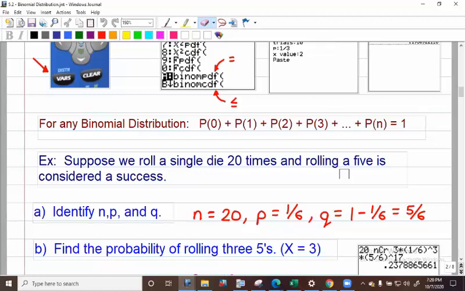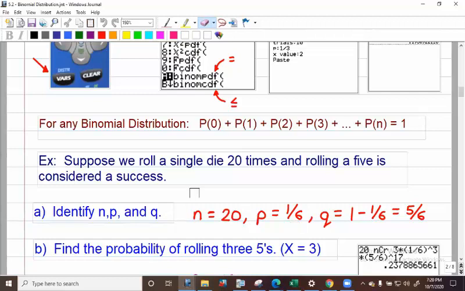All right. And let's see what we got here. So n will be 20. P is 1 over 6. So keep in mind, the 20 is obviously part of the equation. It's very important, but you don't let that affect. In other words, if that could be 20 or 200 or 2,000, this P means the probability of rolling a 5 on any one trial would always be 1 over 6.